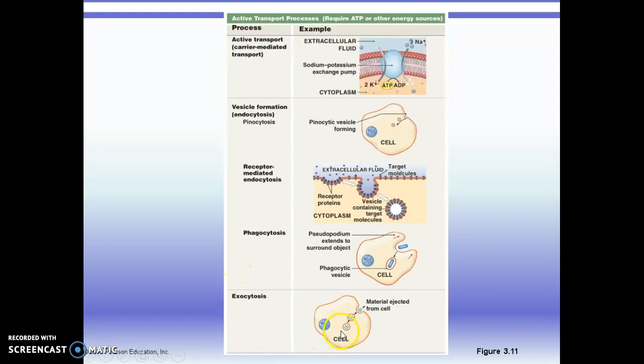And exocytosis is the removal of substances from the cell. And you can see, as this vesicle is formed here in the cell, that the vesicle actually fuses with the membrane to release the substance.